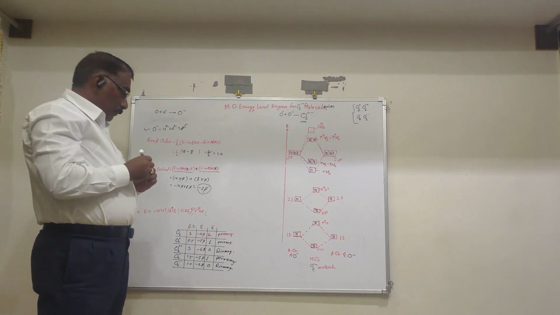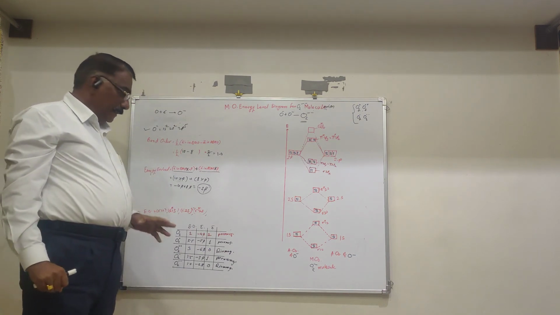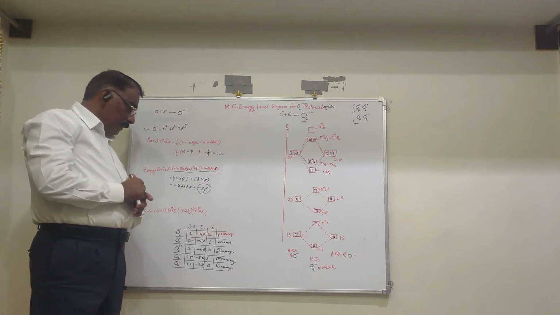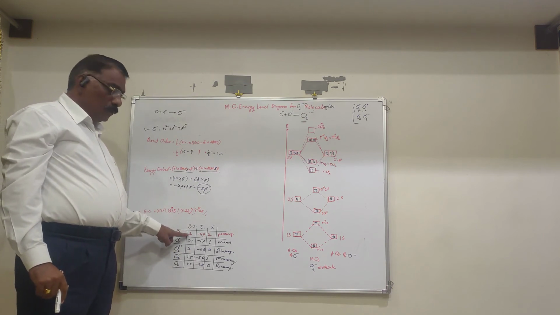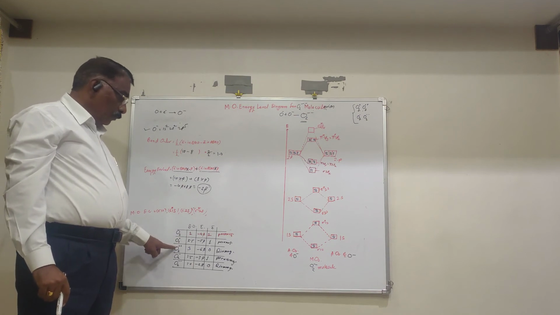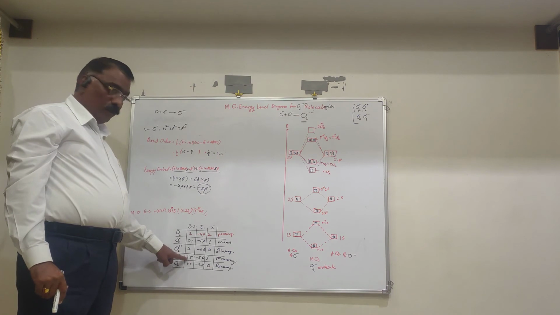So when we compare the oxygen atom with its molecular ions, at that time, see, very magical things occur. Bond order for oxygen is 2, for O2 plus it is 2.5. For O2 2 plus, it is 3. For O2 minus, 1.5.